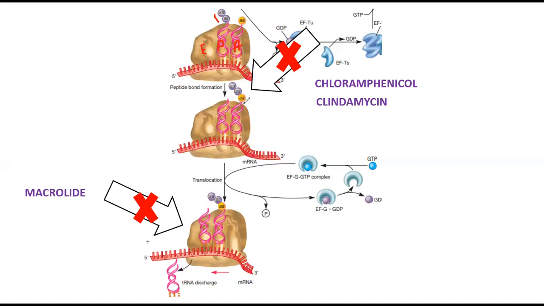In the next slide I will show you the actual mechanism of it. Now here come the macrolides. So macrolides have a very unique and very simple function. For example, just look here, this transfer RNA has now given its amino acid to the new amino acid, and it is now free of the amino acid, so it is basically an empty tRNA.